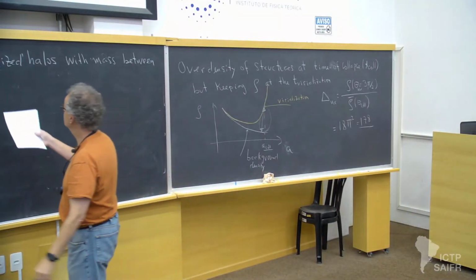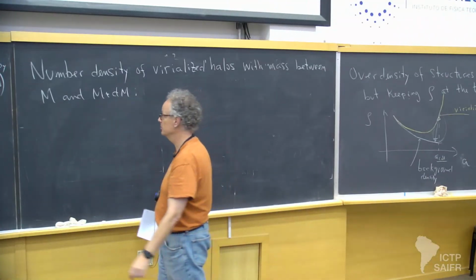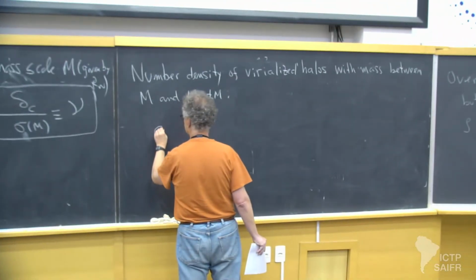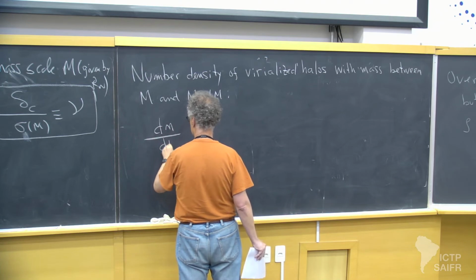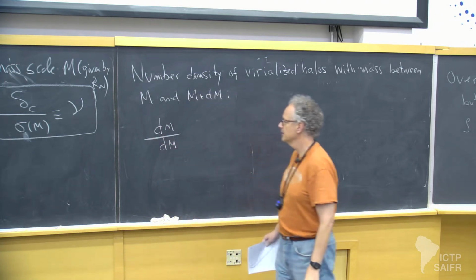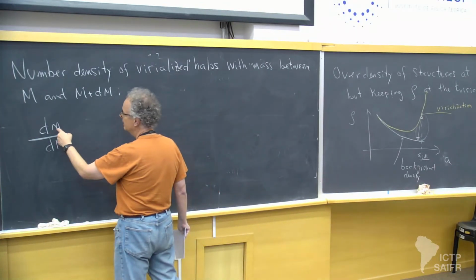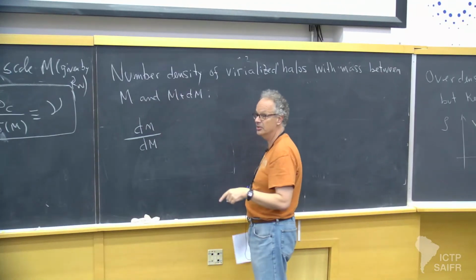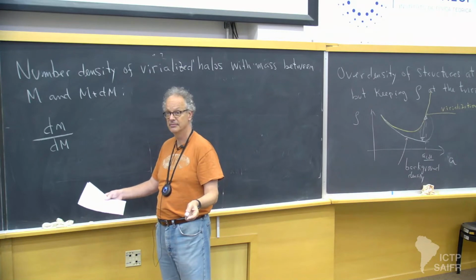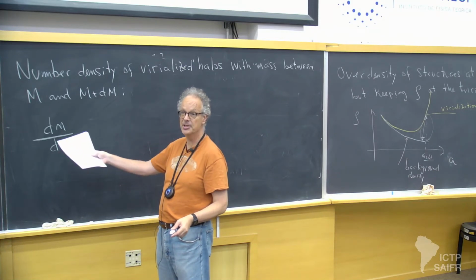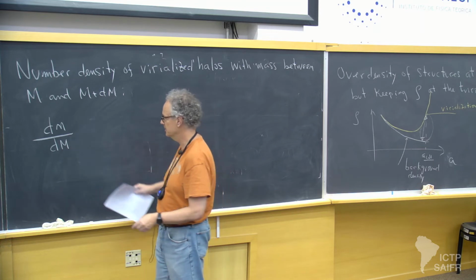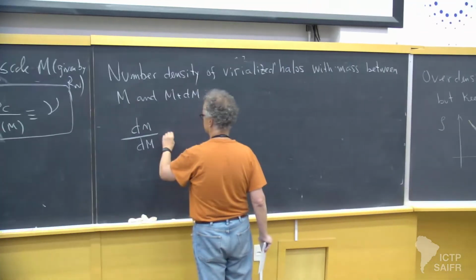I call this number density of halos, that's the usual denomination, dn dm. So dn is the number density of halos, so it's halos per volume at a given range of mass m. Capital M is the mass of the halo, n is the number density, right?